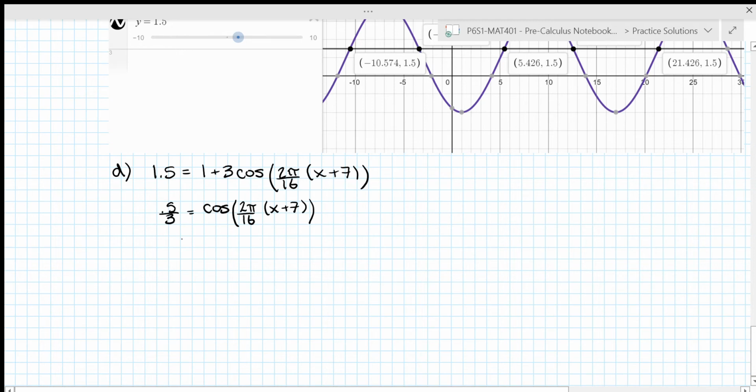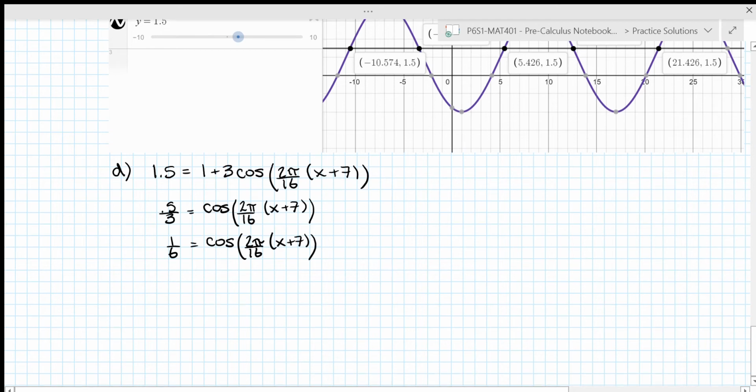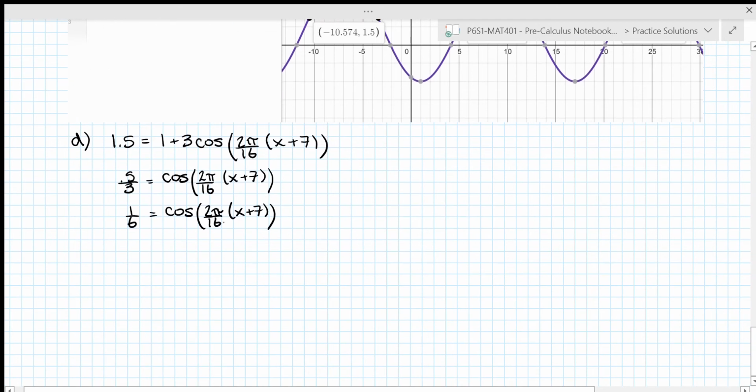That is really ugly. 0.5 is 1/2, and 1/3 of 1/2 is going to be 1/6. So let's just change that to there, so we can work with that the whole way through. Again, I got a ratio equals the cosine of this argument.